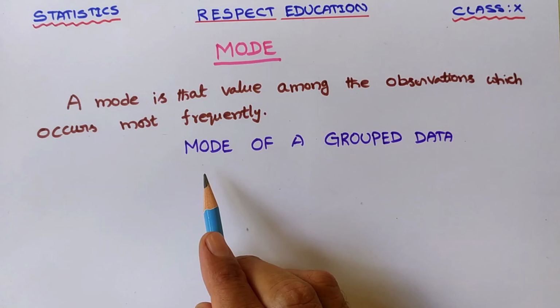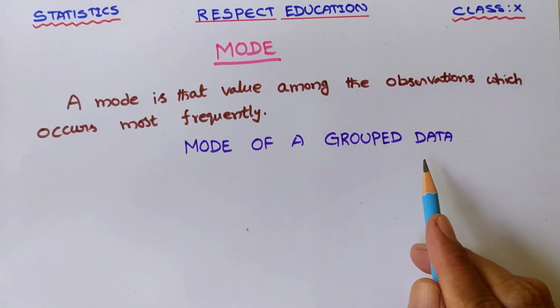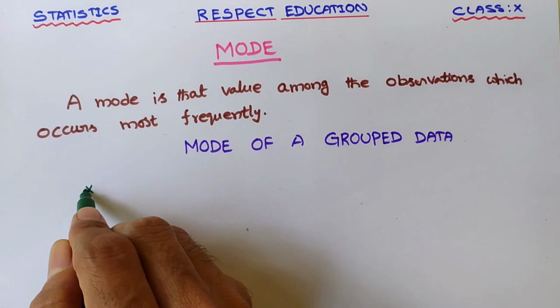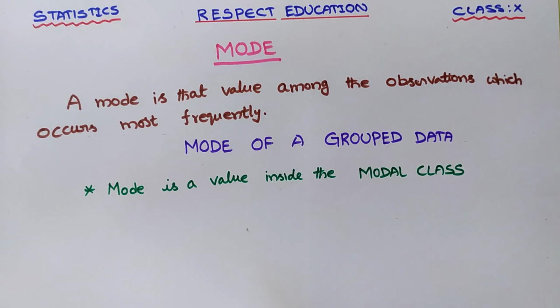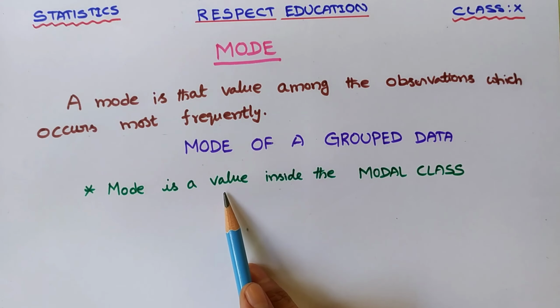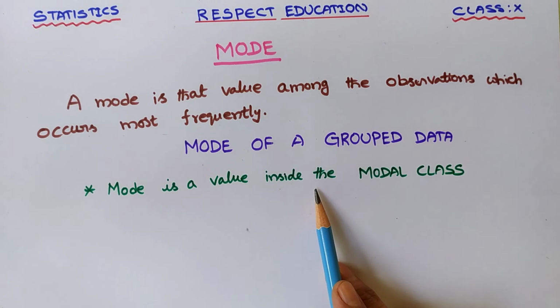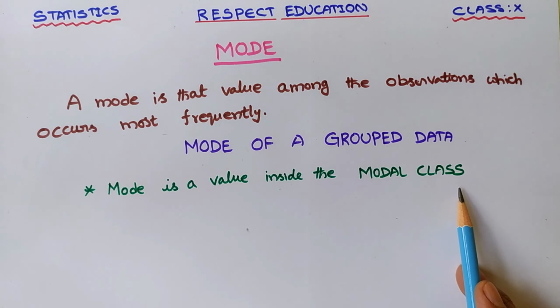Now we see mode of a group data. Mode is a value inside the modal class.